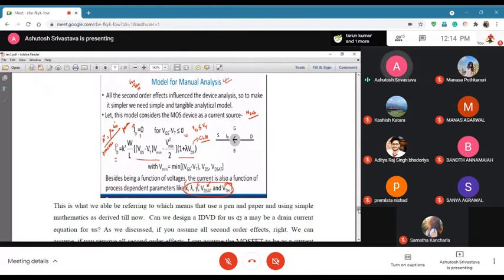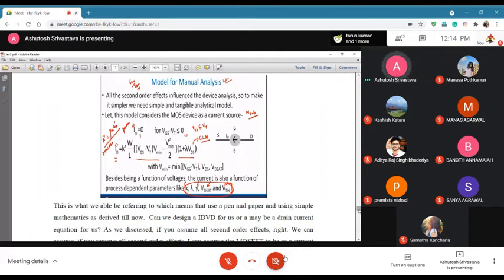So all these second order effects that influence the device performance or device analysis need to be made simpler and tangible for an analytical model so that it can be incorporated and used to give us the desired results for doing the analysis of a device or a digital circuit.